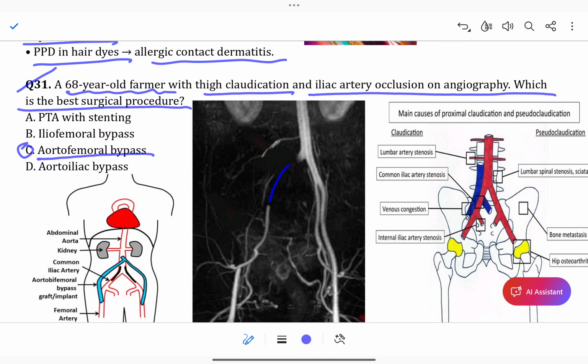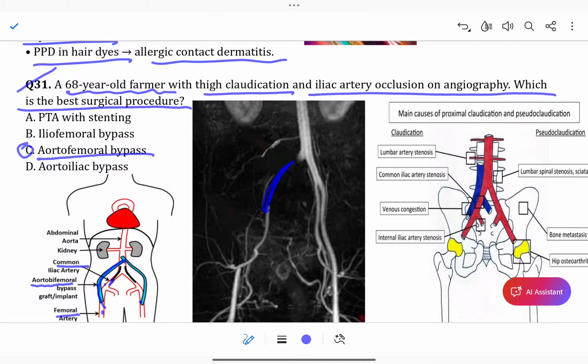See here, you cannot see here. This is aortobifemoral bypass, common iliac artery, femoral artery.